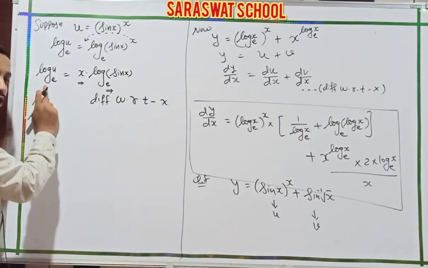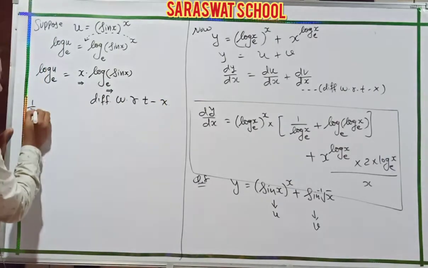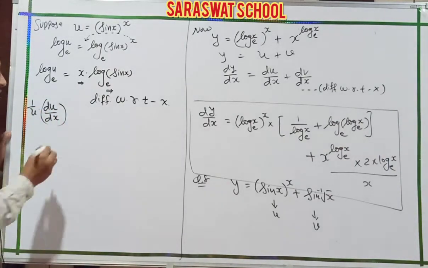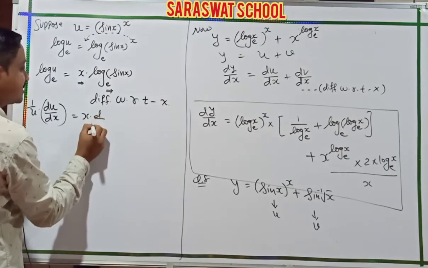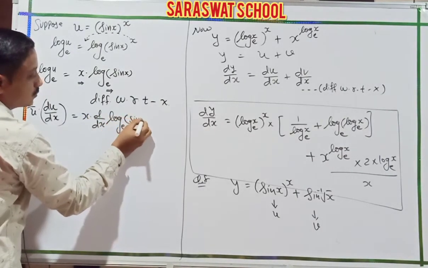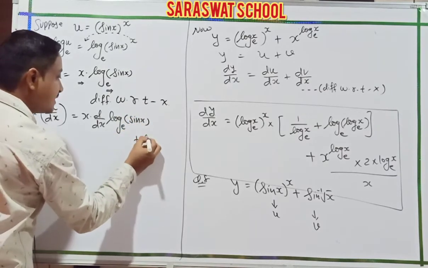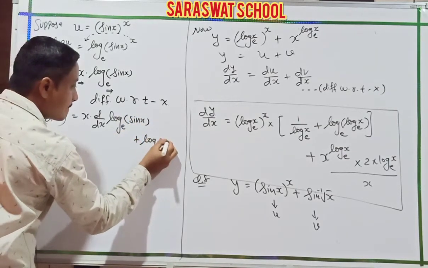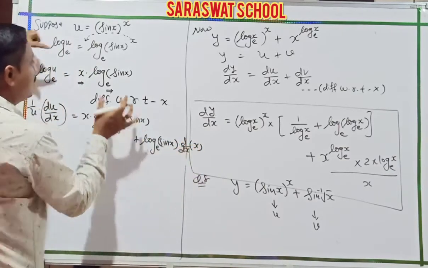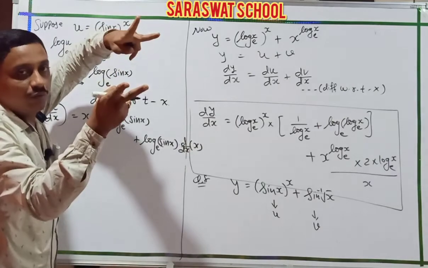So what is the log u derivative? 1 by u, du by dx, and here apply first d by dx of second function plus second d by dx of first function, and the rule in between is only the product rule.